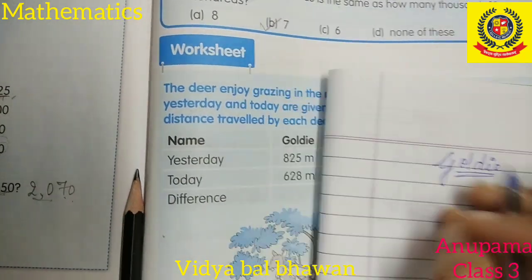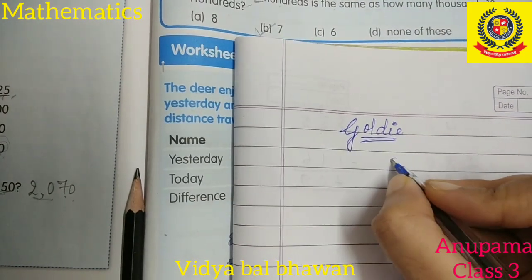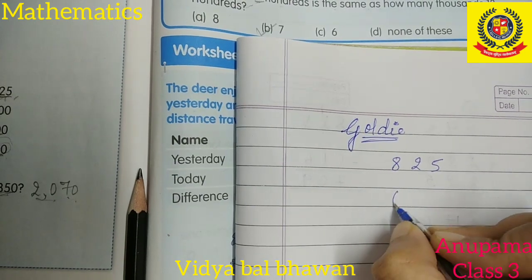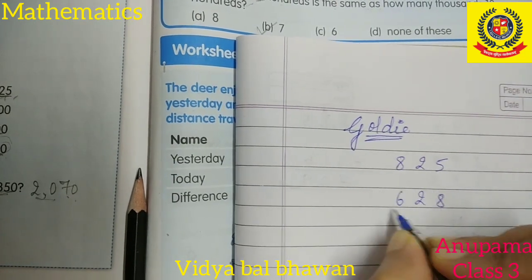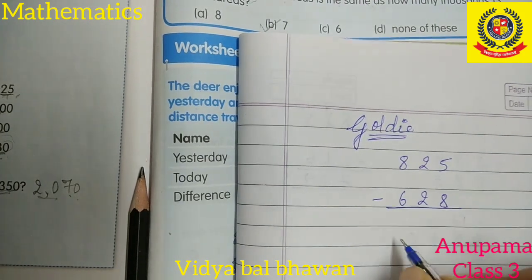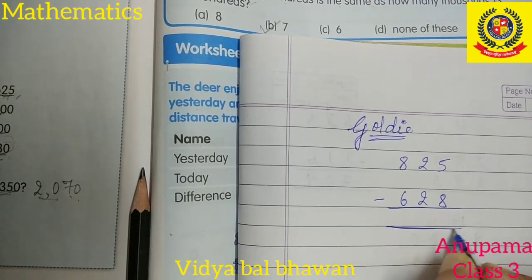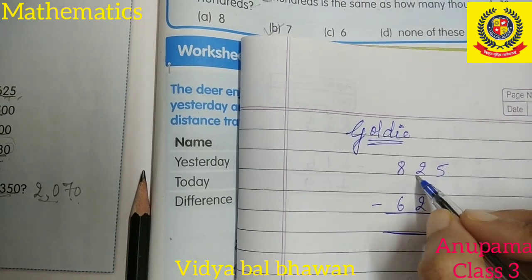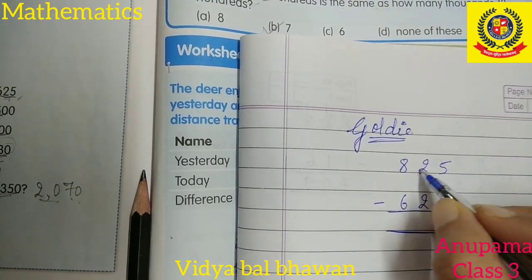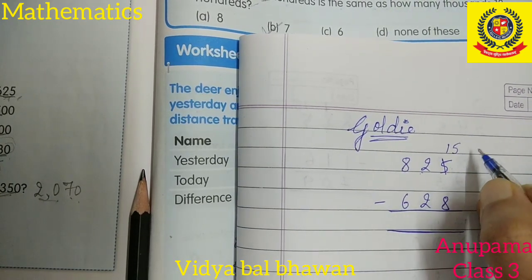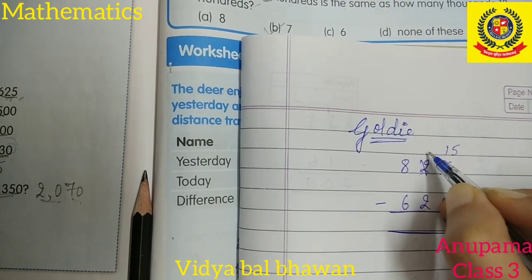So 825 minus 628. 5 minus 8, not possible because 5 is smaller than 8. So we will borrow from 2. So after giving 1, 5 will become 15. And here is 1 left.